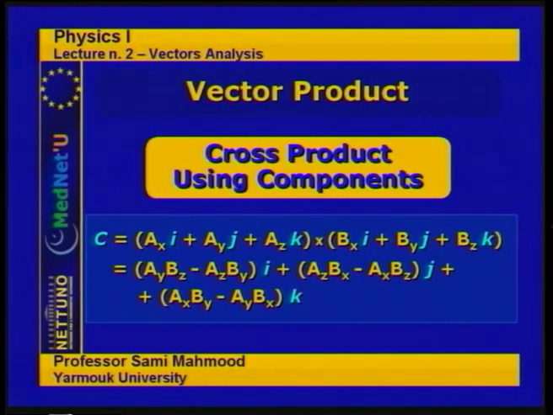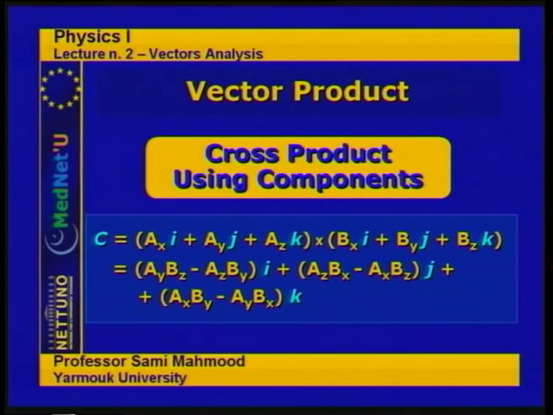The resultant of the cross product is called C. Vector C is equal to Ax in the direction i plus Ay in the direction j plus Az in the direction k, times Bx in the direction i plus By in the direction j plus Bz in the direction k.